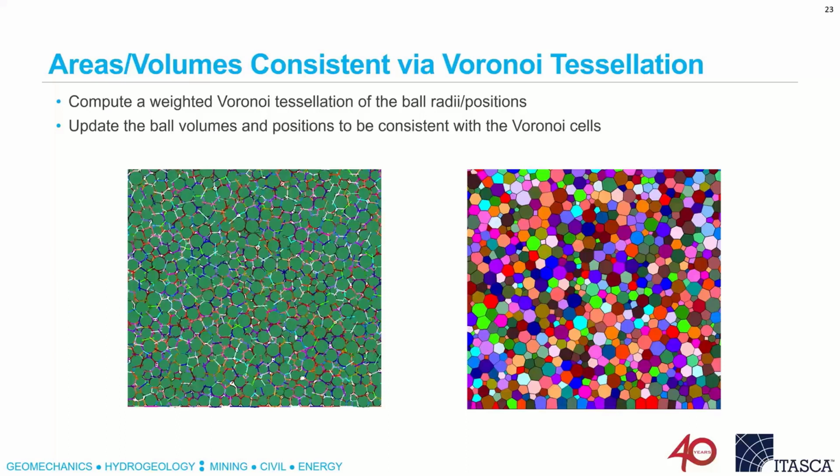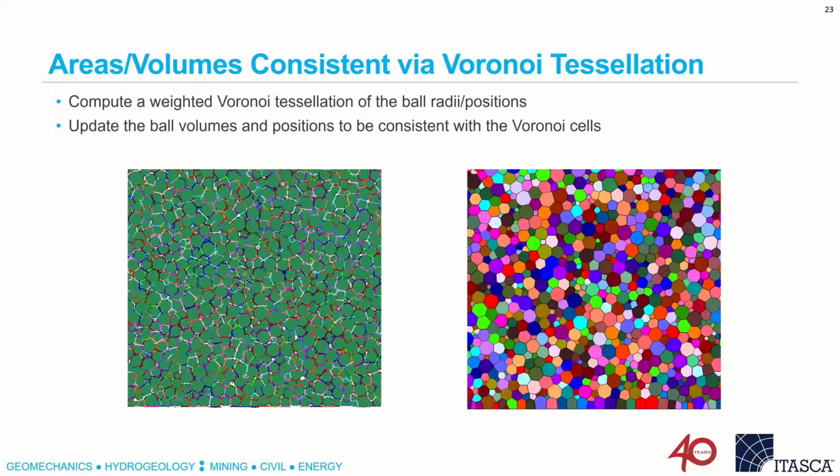Then we could potentially set the stress in a much more consistent and homogeneous way. So what we actually do is compute a weighted Voronoi tessellation, meaning that there's a weighting for the ball in the Voronoi cells over here. You have some small cells that correspond to small balls and larger cells corresponding to larger balls. I think it's actually called a Laguerre tessellation.